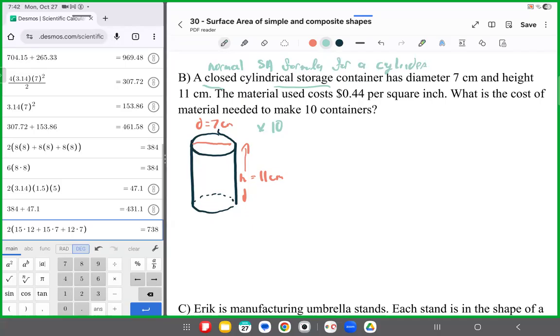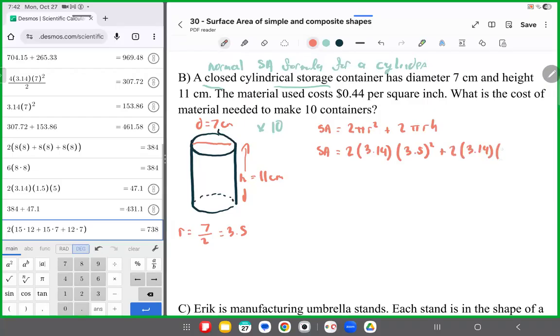And let's begin. So if the diameter is equal to 7, the radius will be equal to 7 divided by 2, which is 3.5. So the surface area of this will be equal to 2 pi r squared plus 2 pi rh. So this will be 2 times 3.14 times 3.5 squared plus 2 times 3.14 times 3.5 multiplied by the height, which is 11.